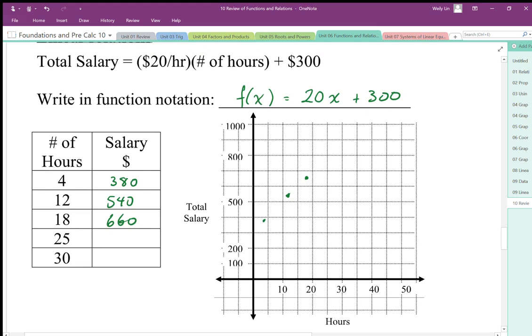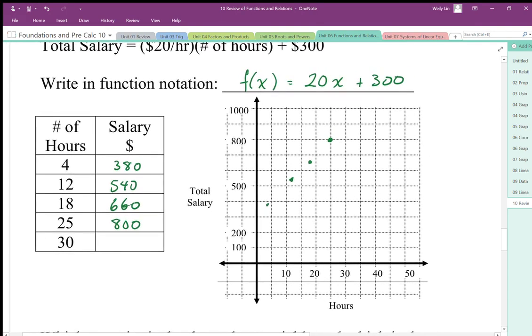25 hours, we're going to look at 20 times 25 is 500 plus the initial 300. That's going to be $800 right there. And then 30 times 20 is 600 plus the 300 works out to be $900.